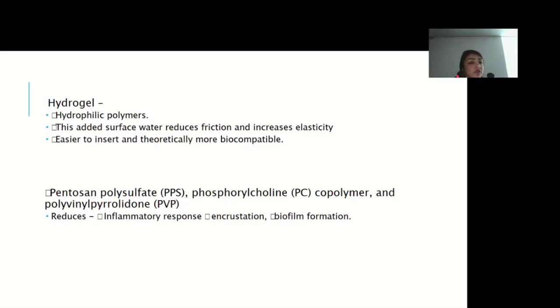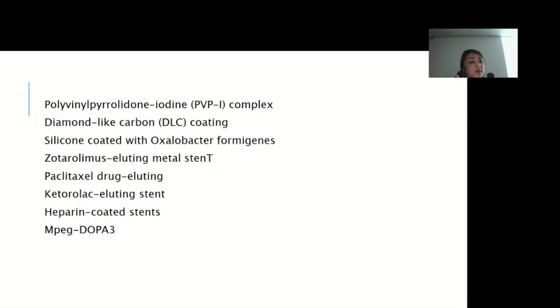They are hydrophilic polymers. They reduce the friction and increase the elasticity. It's easy to insert and it's more biocompatible as well. The PPS and PVP coatings help in reducing the inflammatory response, incrustation and biofilm formation. So again, all of the coatings help us in prevention of incrustation, biofilm formation and improving the patient's symptoms.